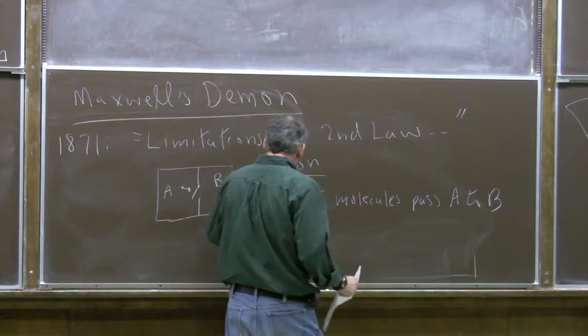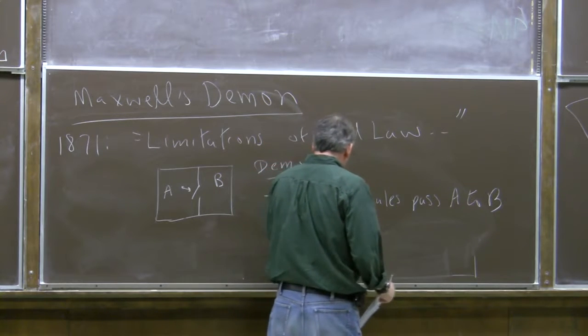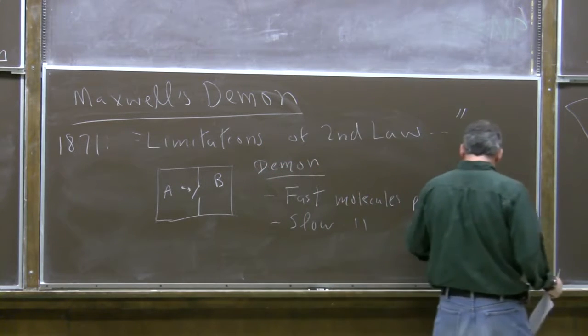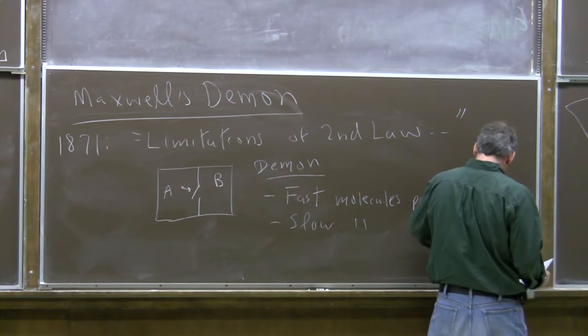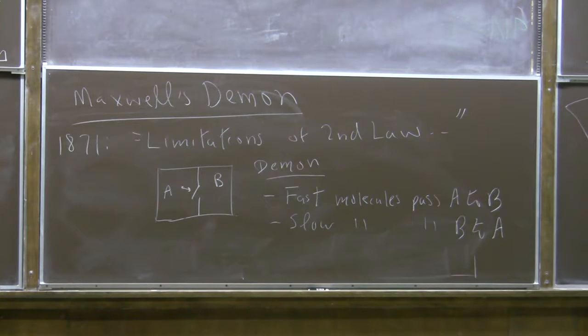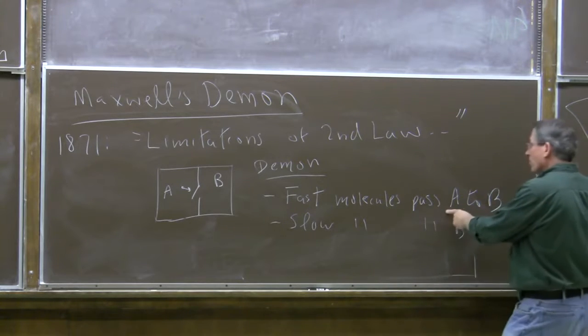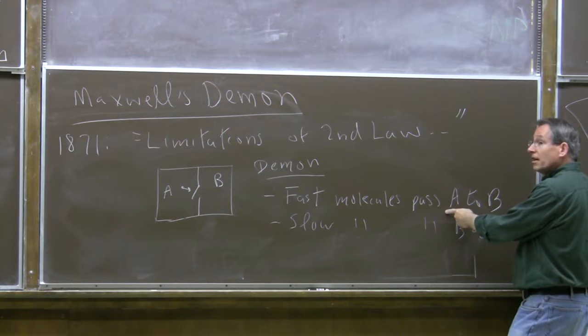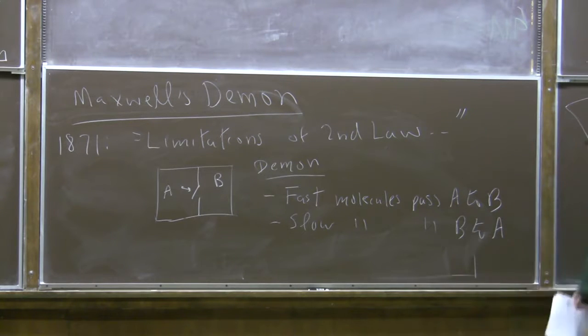He does let slow molecules through, though. So the molecules that have a kinetic energy less than the typical kinetic energy are allowed to pass from B to A. The ones with kinetic energy greater than typical kinetic energy pass from A to B.